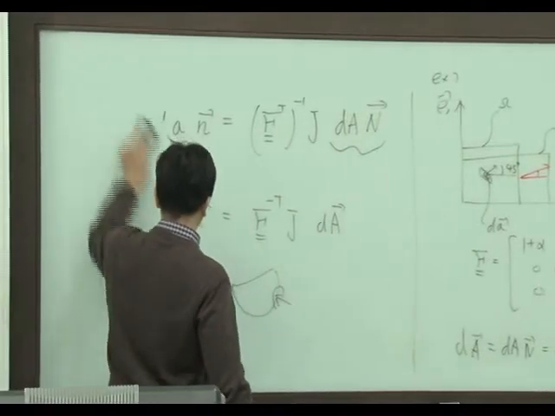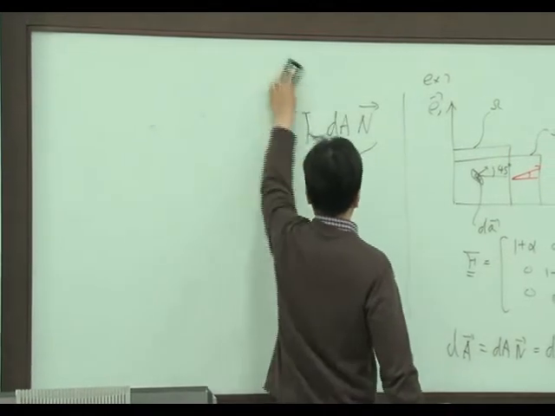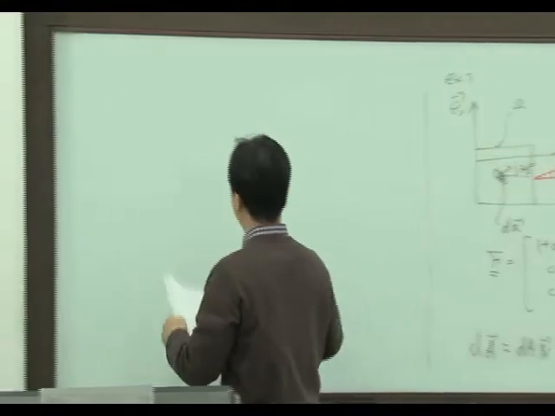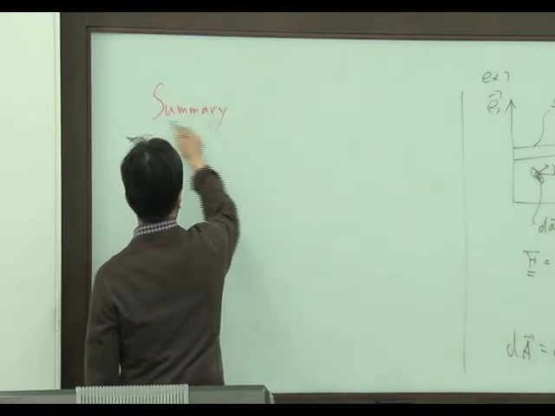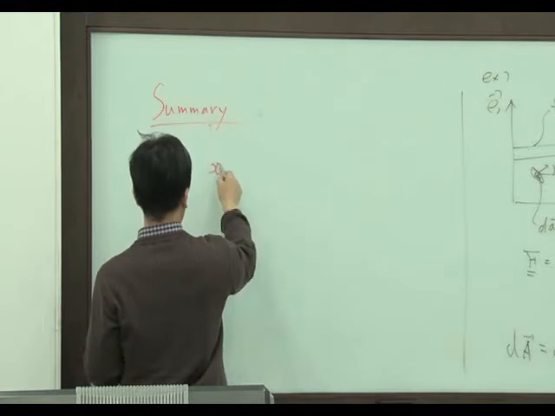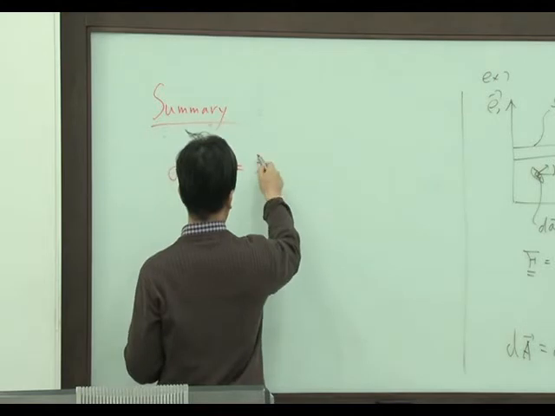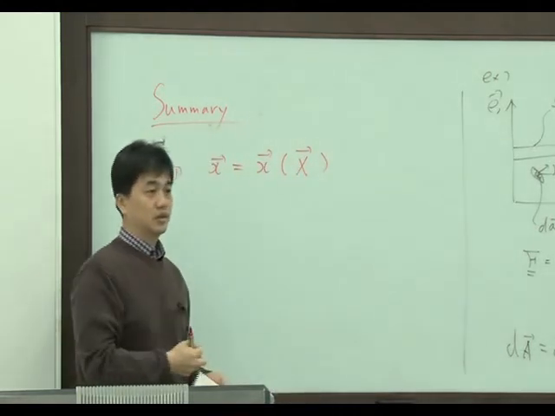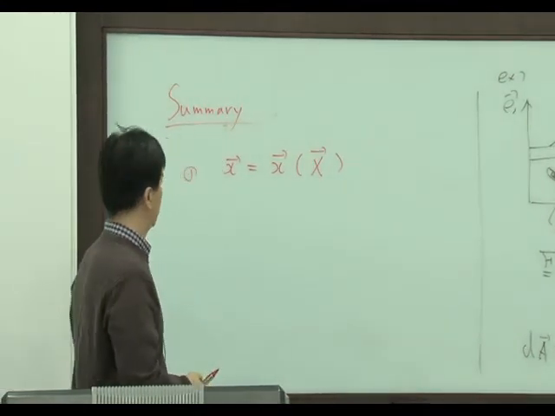So I'd like to summarize some results we made before. Summary. First, the mapping relation between material position at initial configuration and current configuration.